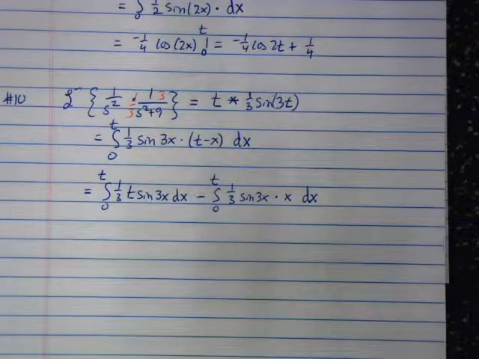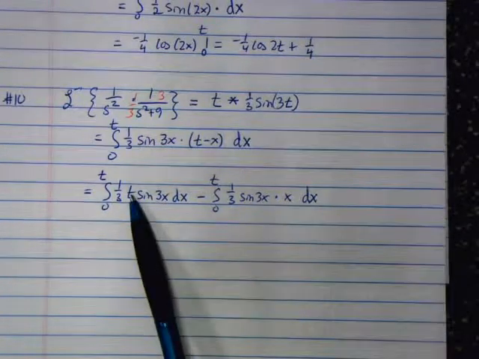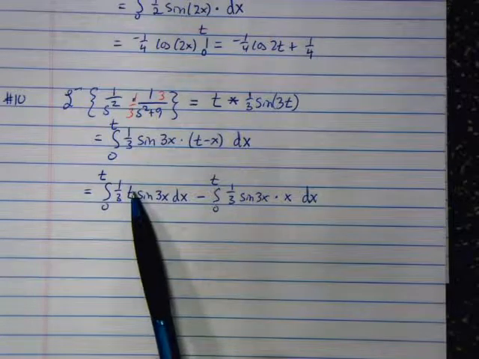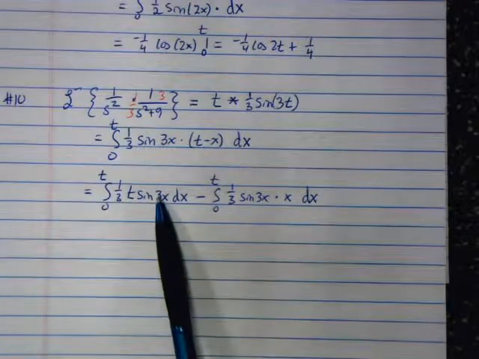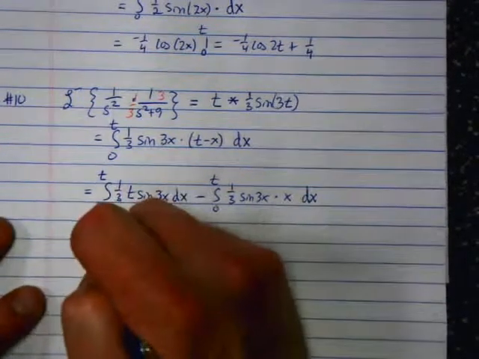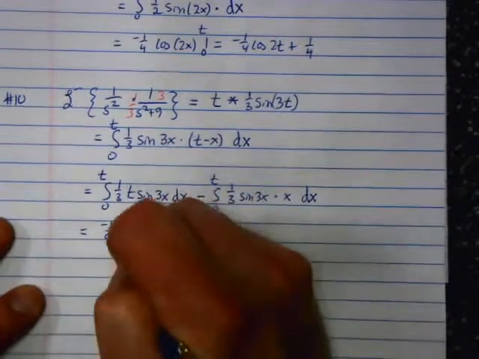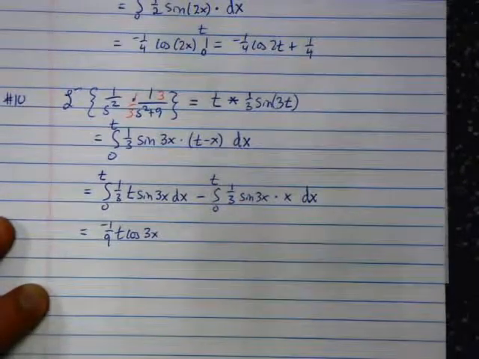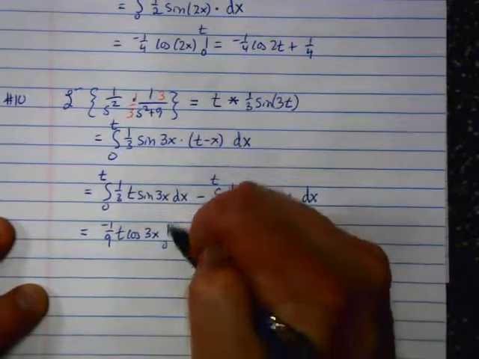What's the antiderivative of 1/3 t times sine 3x dx? So is this when we actually treat the t as another number? The t is a number. That's absolutely correct. Just kind of ignore it. So it's going to be negative 1/9 t cosine 3x evaluated from 0 to t.